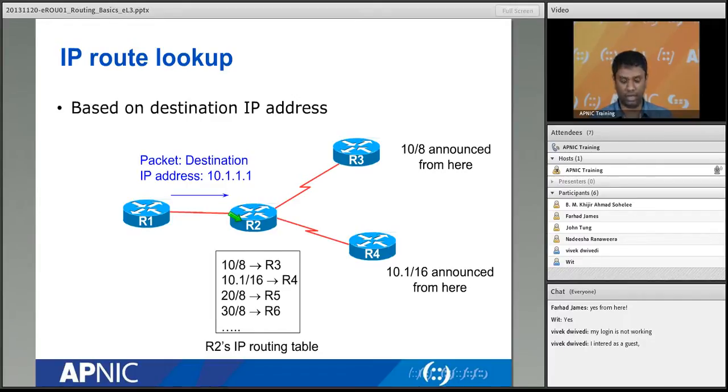This is the routing table. And again, to go to 10.1, which is probably a small subnet of that big subnet, there is a specific router connected to router 2 as well, which is router 4. Then router 2 has some other prefixes. So this is the routing table that router 2 has.